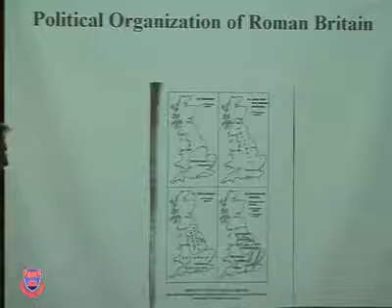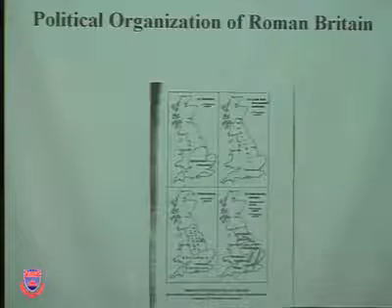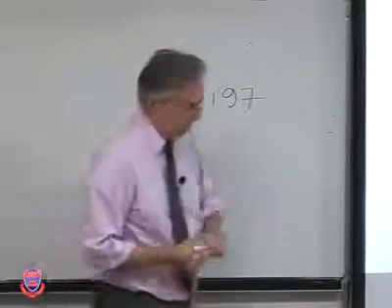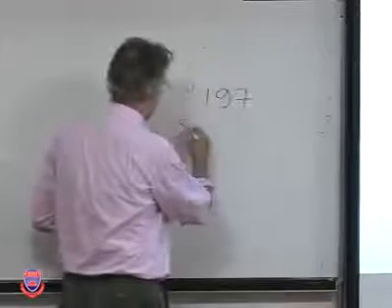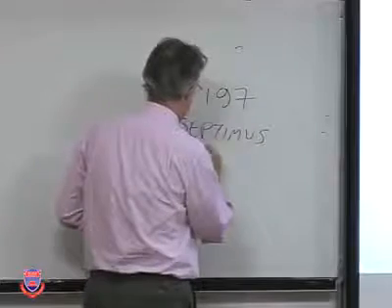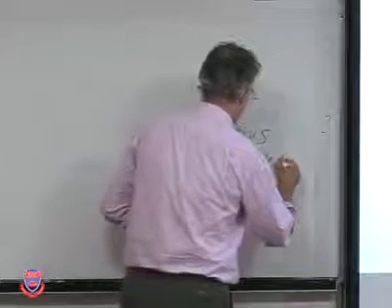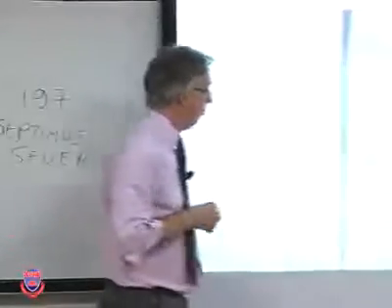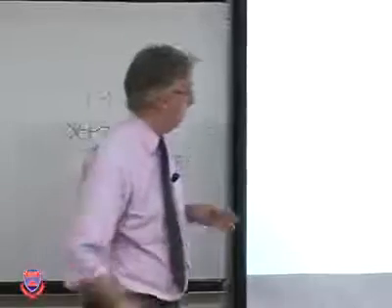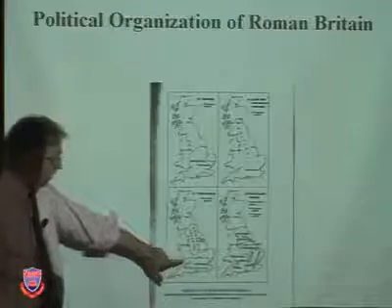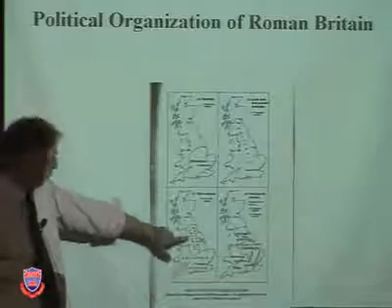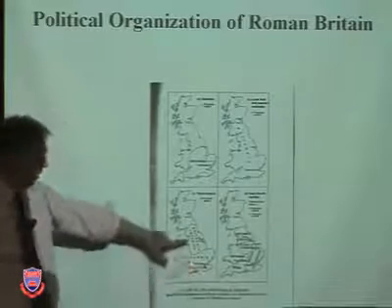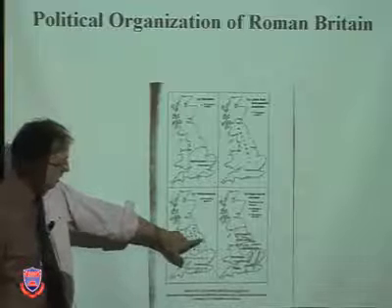In 197, under the Emperor Septimius Severus, it was deemed necessary to divide Britannia into two separate provinces. So now we have in the south Britannia Superior and in the north Britannia Inferior. London remains the capital of Britannia Superior.